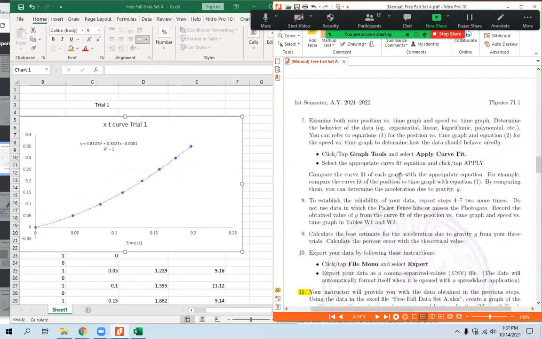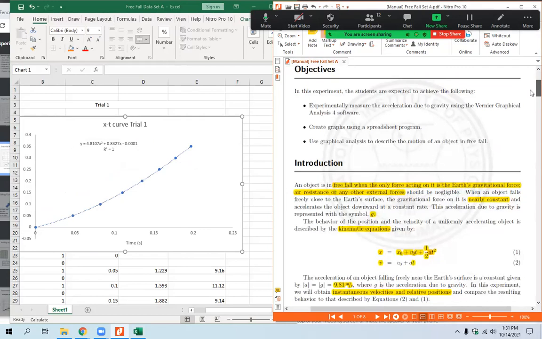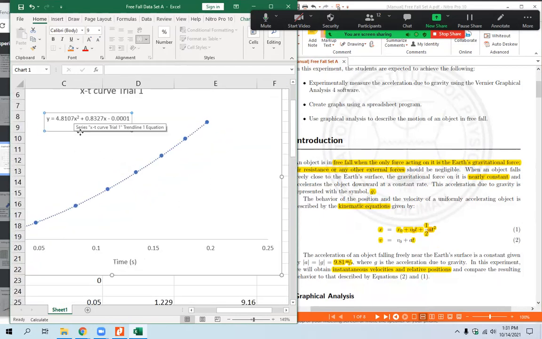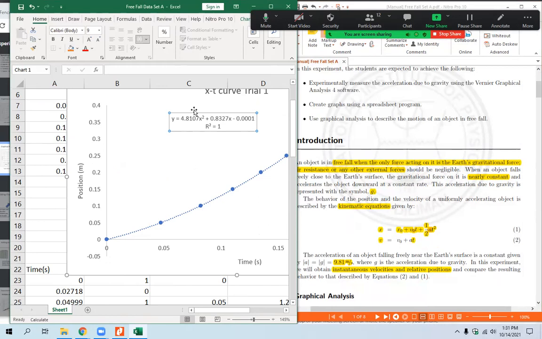So kung mapapansin ninyo, ang form ng trend line ko ay isang quadratic equation, parabola. So instead of t, I am using a variable of x. So this means that bawat coefficient ko dito will correspond to a certain variable here.